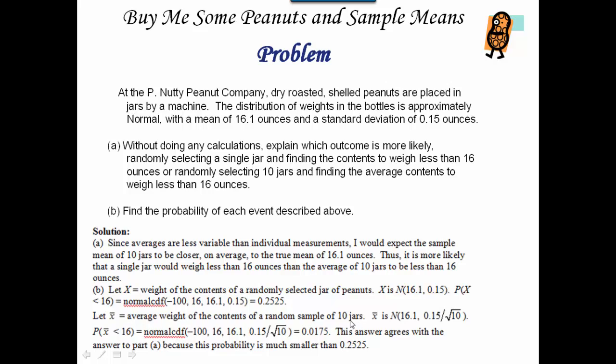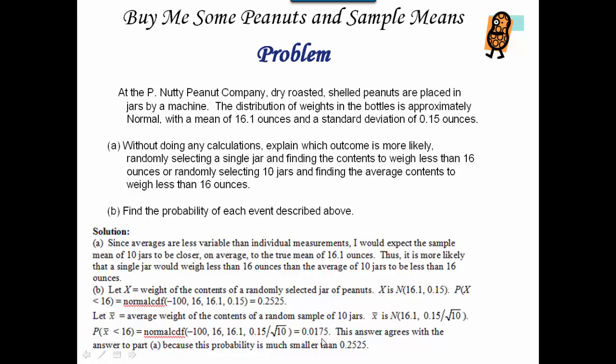Now we let x bar equal the average weight of the contents of the sample of 10 jars. To find this, x bar, 16.1 is still the mean of x bar. For the new standard deviation, we take 0.15 divided by the square root of 10, our sample size of 10 jars. Probability x bar is less than 16: we use normal CDF, negative 100, 16, 16.1, which is our mean of x bar, and then 0.15 over the square root of 10, which is the standard deviation.